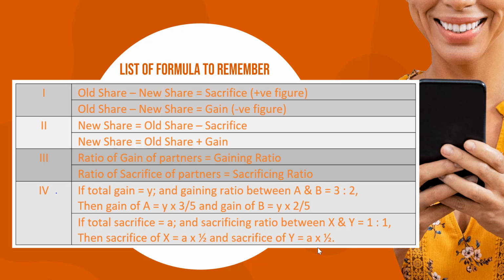So this is a complete list of formulae that we need to remember while solving not only sums in this chapter of change in profit sharing ratio, but it applies even when there is an admission of partner, retirement, or death of a partner.